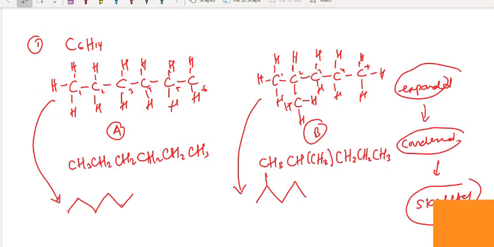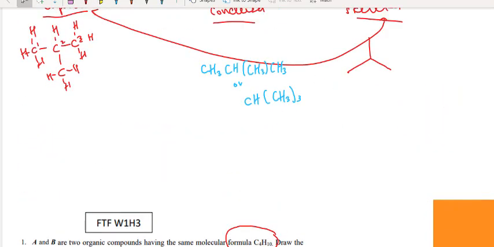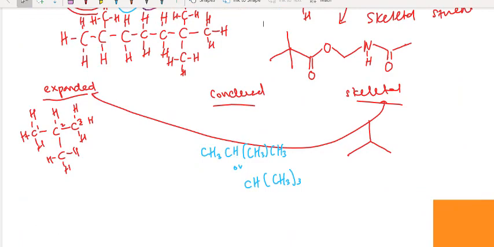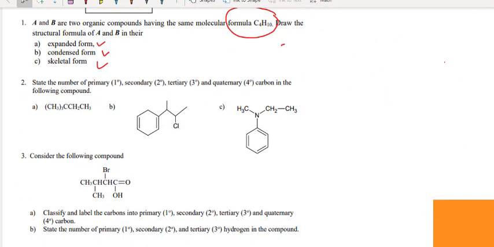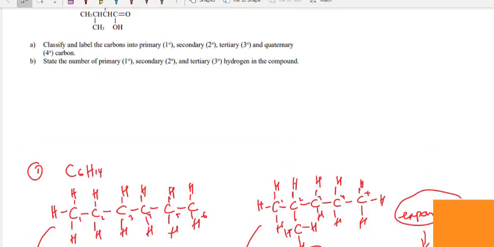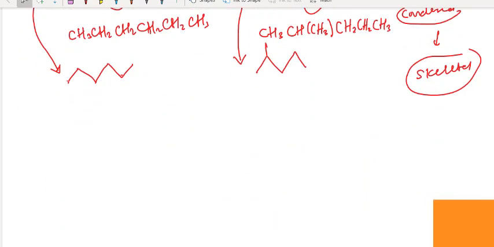So how about question number 2? Question number 2 asks us to state the primary, secondary, tertiary, and quaternary carbon in the following compound. So the question actually asks us to classify the carbon.